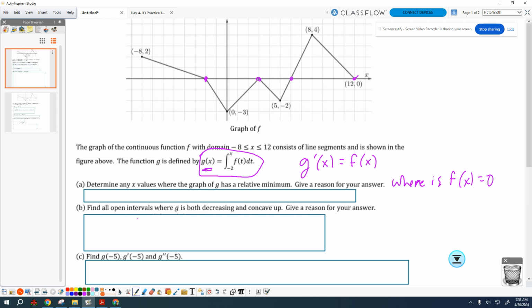Where are relative maximums, minimums? I'm looking for minimums. When the first derivative goes from negative to positive, so, Gabe, where does it look like that happens? At 6. It's like 6, it's hard to see the tick marks, but why is this one not a minimum? The sign of the first derivative doesn't change. Okay.